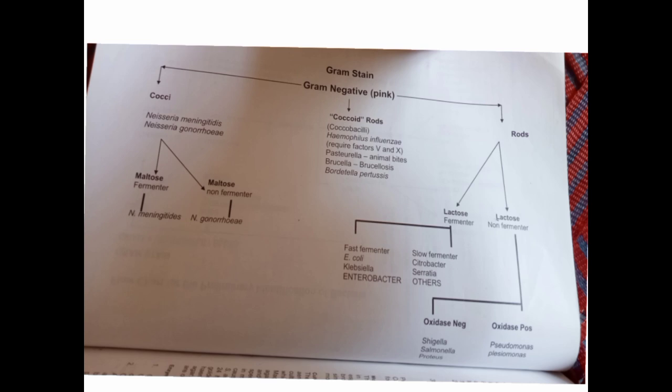These are the bacteria that may be found in either cocci or rod shape, in both shapes, either cocci or bacilli.